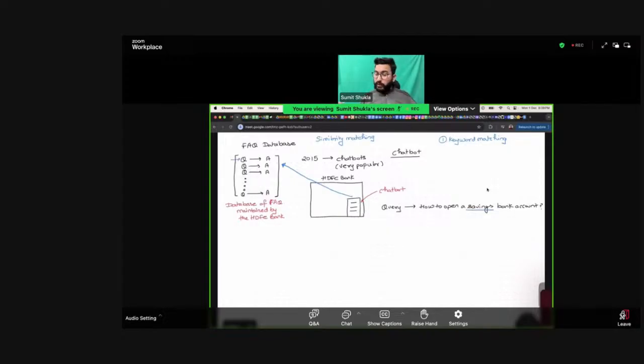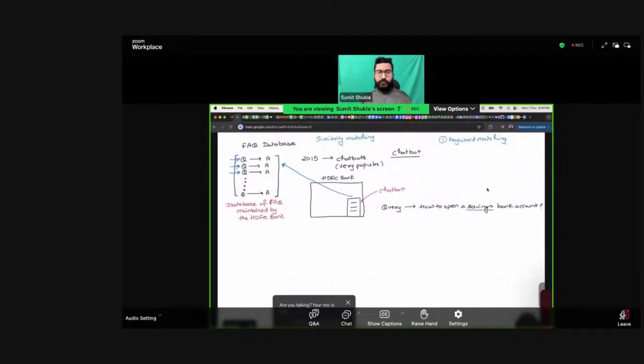It will go through each question and answer set available in the database and simply perform the keyword search. Is the saving keyword available in this question? Is it available in this question? And so on.